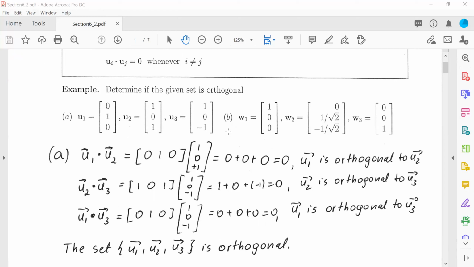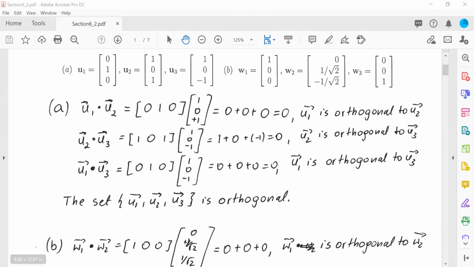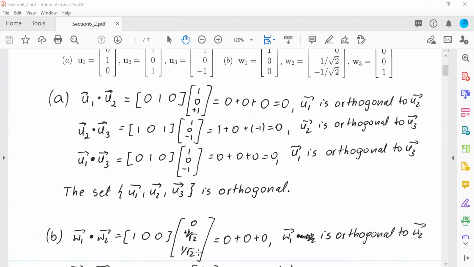Now we do exactly the same for part B. We check the vectors w. First I'm checking w1 dot product with w2. So it's the vector 1, 0, 0 times the vector 0, 1 over root 2, and -1 over root 2. I think we forgot to have the negative here. So this should be negative root 2, because we have negative root 2 right here.